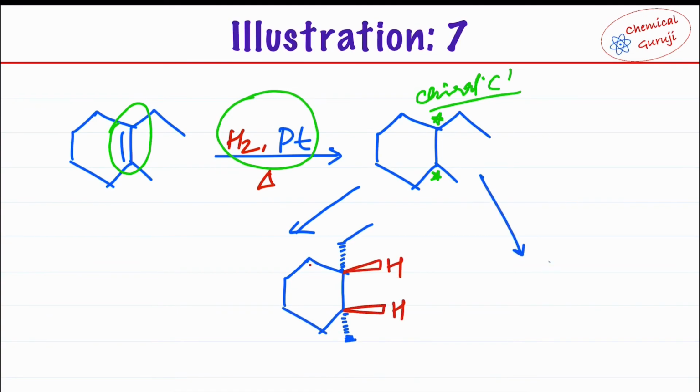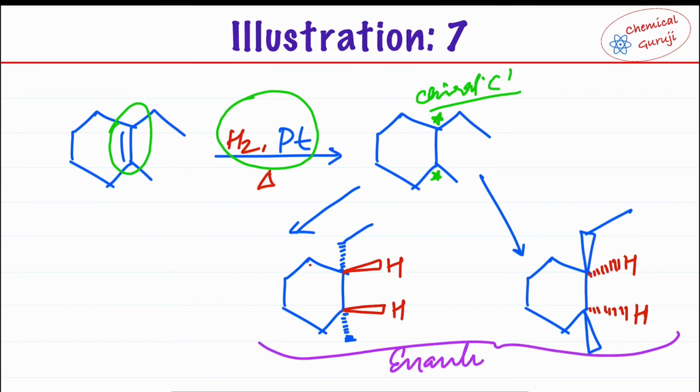So what will we get? We will get enantiomers. These both compounds are enantiomers of each other. You can see this and this, these both are mirror images. So can I write here, these are mirror images of each other.